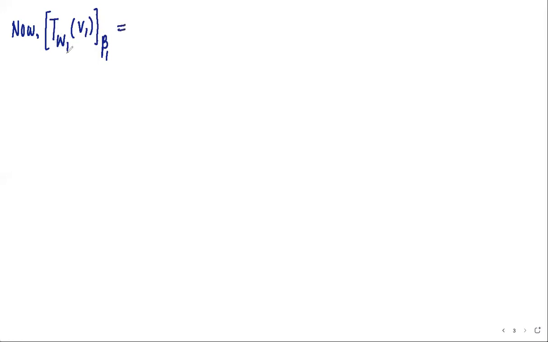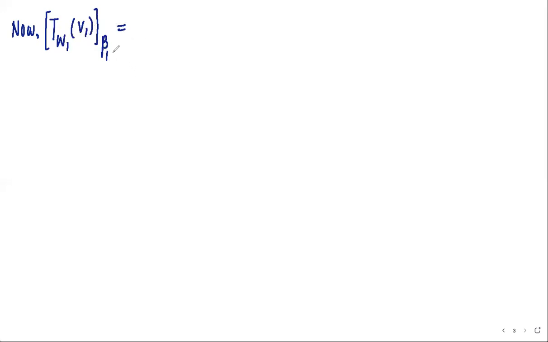Now, since TW1 is a linear operator from W1 to W1, because this W1 is a T invariant subspace, TW1 is a mapping from W1 into W1. Since V1 is an element of W1, TW1 of V1 is an element of W1. So we can write it as a linear combination of the basis beta 1.